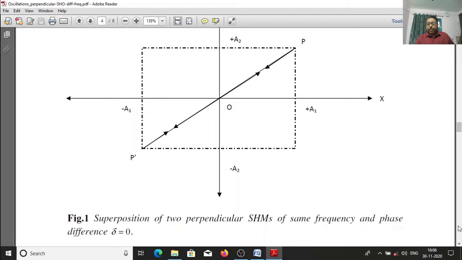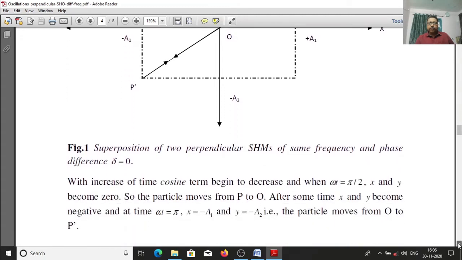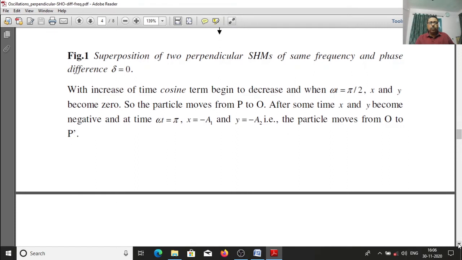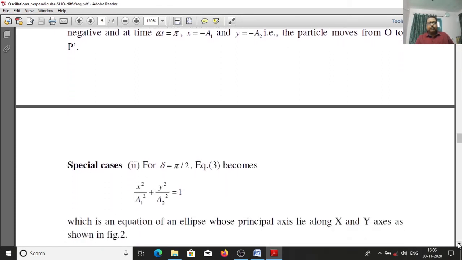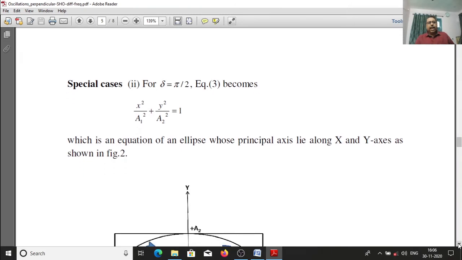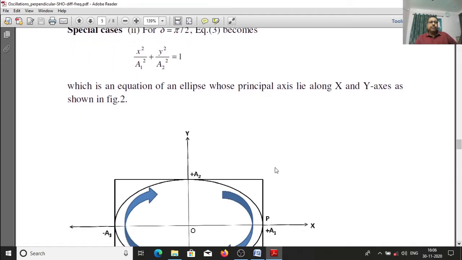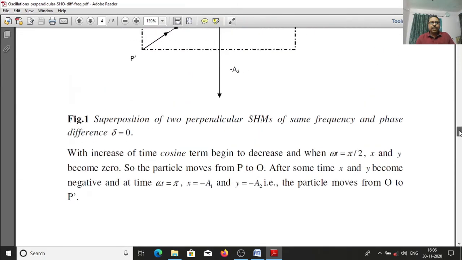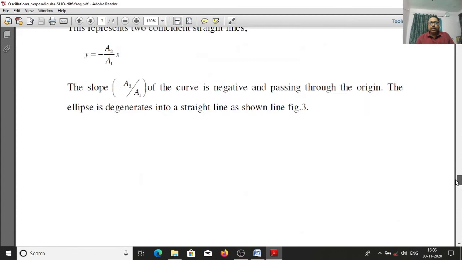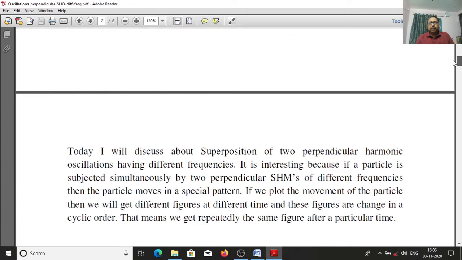Now the second case. When delta equal to pi by 2, what happens? Equation 3 becomes an ellipse whose principal axes lie along the x and y axes, as shown in figure 2. Now this is equation 3.